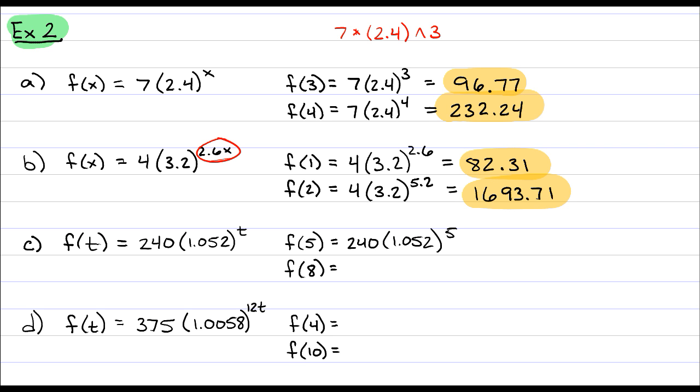Again, if you want to enter that into the calculator, what you could do is type 240 times, it's good practice to put the parentheses in here, 1.052, and then raise it to the 5th power. And then calculating that, it's going to give you 309.24, rounded to 2 decimal places.